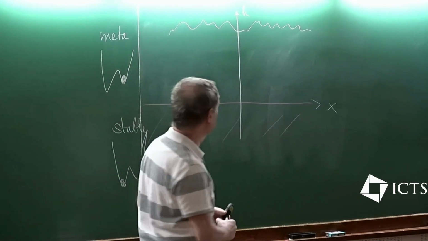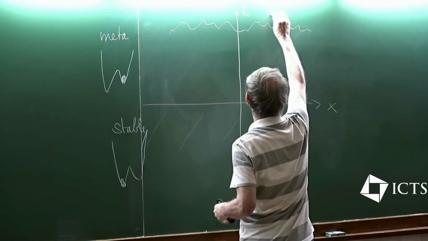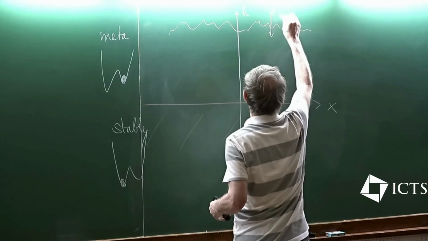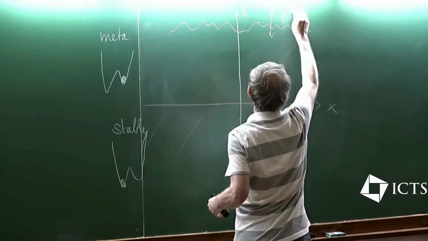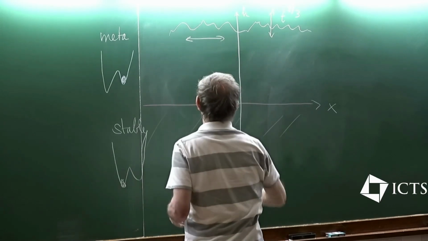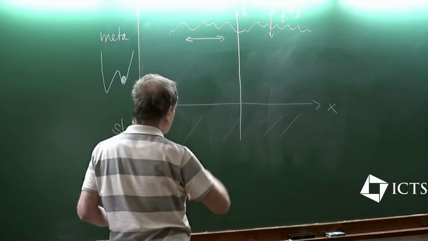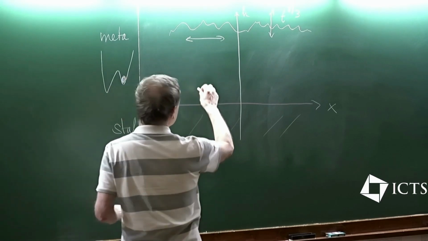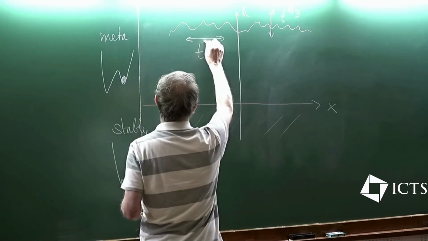Okay? And what you measure experimentally is that when you look at these fluctuations, they're of order t to the 1/3. And if you measure the lateral fluctuations, they're of order t to the 2/3.